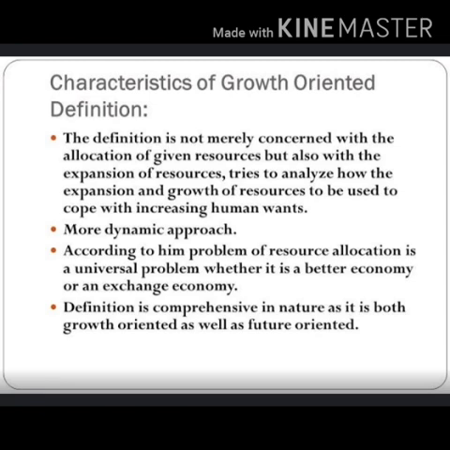That means how we can expand our resources. It tries to analyze how the expansion or growth of resources can be used to cope with increasing human wants, because human wants are unlimited. So, we have to fulfill their wants. So, this is a more dynamic approach definition.